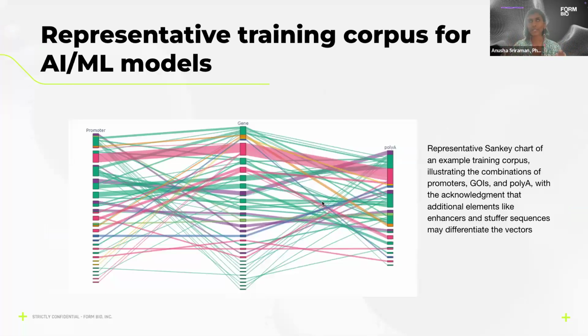And before we dive into how the model performs, it's essential to understand the kind of data it has been trained on. The quality and the diversity of the training corpus directly influences how well the model can predict and solve problems in real-world scenarios. So here is a representative training corpus, and this corpus contains sequencing data from multiple combinations of promoters, CDS, and poly-A-tail.